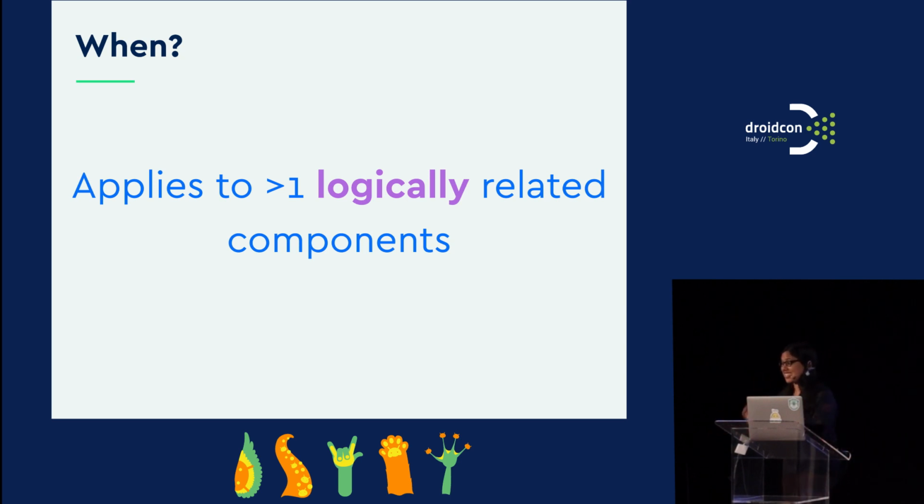And unless that is exactly what you want, don't use the same style on components that are very different. You don't want unintended side effects. So it's perfectly OK to have multiple styles that have the same values for attributes, but they're being applied to different logically related components. All right, so this wraps up the style.